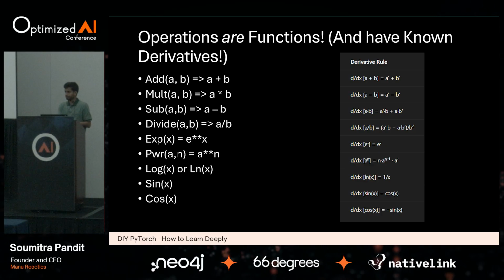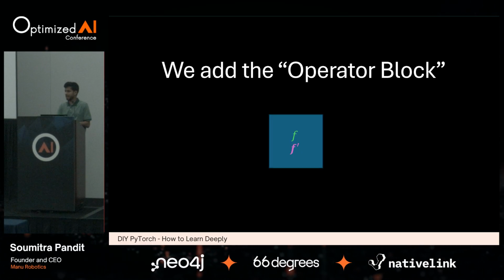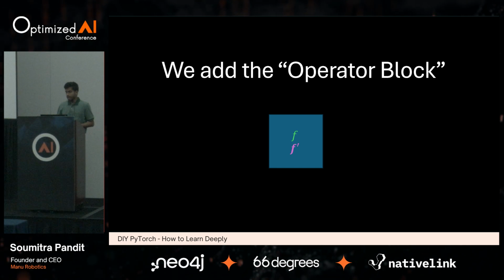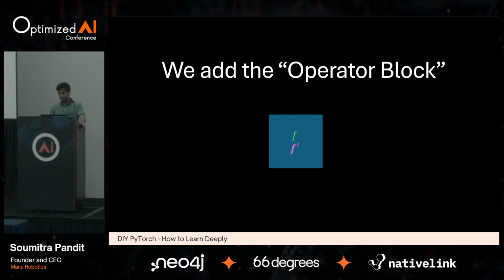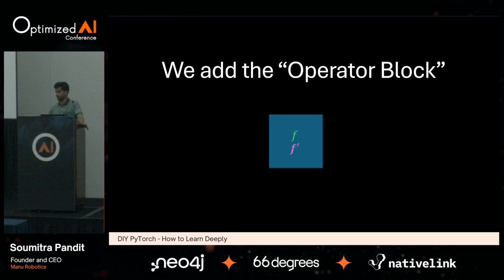We need to change that now. Because what I'm proposing is we add an operator block. In the forward pass, it's going to give you the function that you need. And when you want to go back, it will give you the derivative of that function. So something like f dot backward. If anyone has used PyTorch, you might be able to see where this comes from.